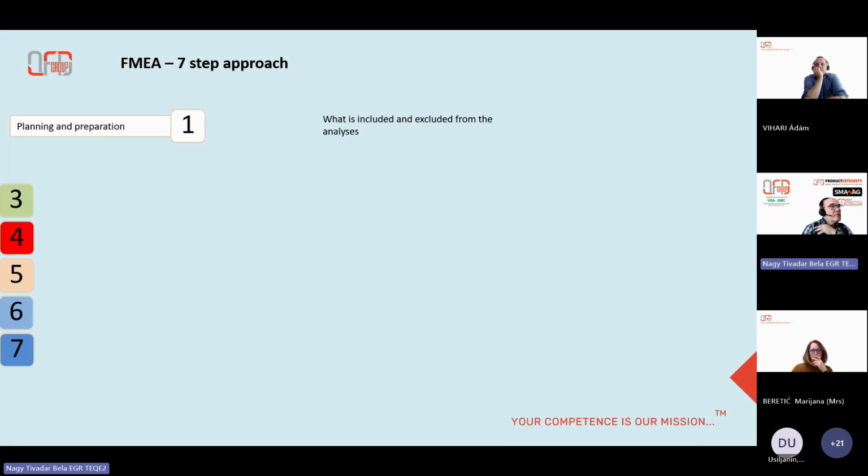The second step is the structure analysis. We create the spine, the backbone of our analysis. It is a very important part of our FMEA, and we will build the later steps on it.